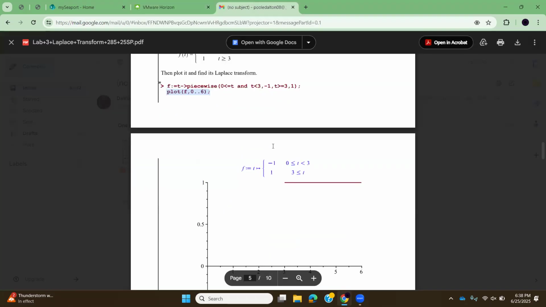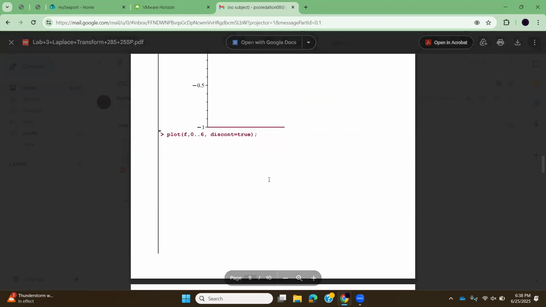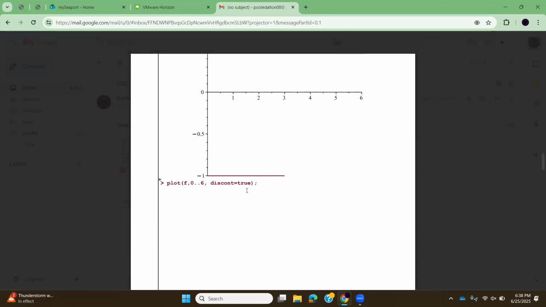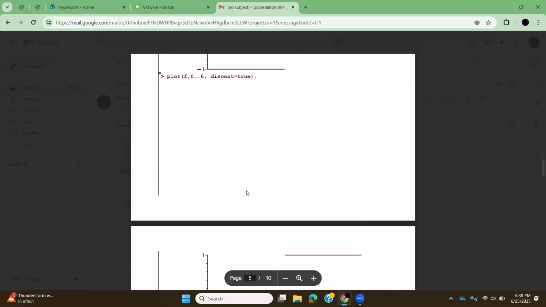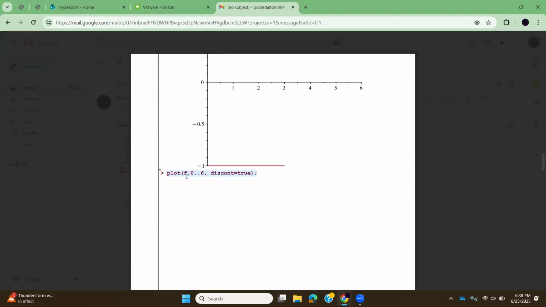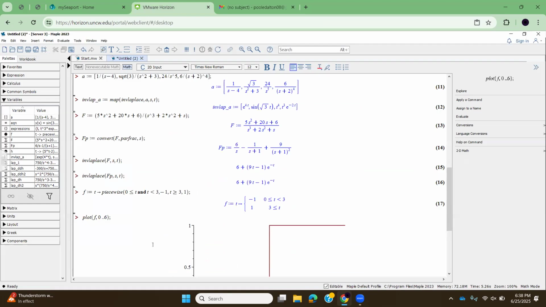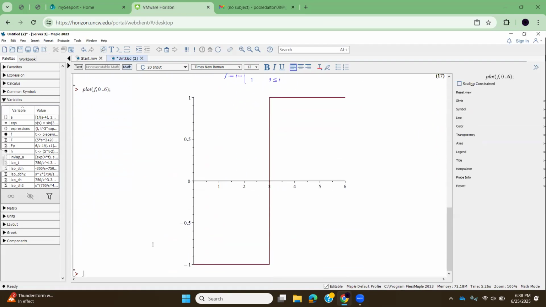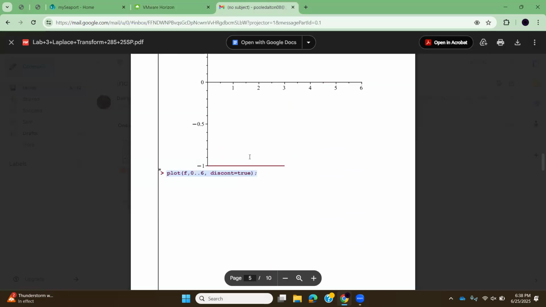Hmm. Well, let's see. It looks like maybe if we do this, something ought to change. Let's see what it does. Yeah, there we go. That gets rid of that vertical line like we needed.